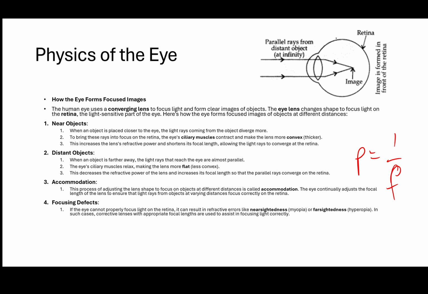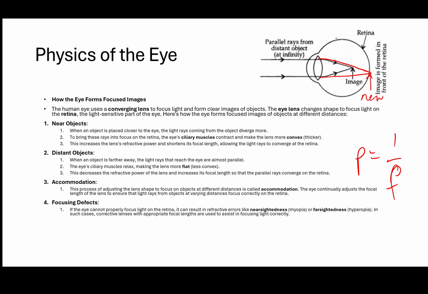For example, in this image on the top, we're seeing that the image is formed in front of the retina. So this image to a person would be blurry. But what we'll do is increase the power of the lens for it to refract a little bit more, to reach the retina itself, so the image is formed here.